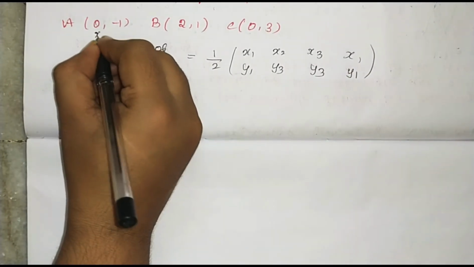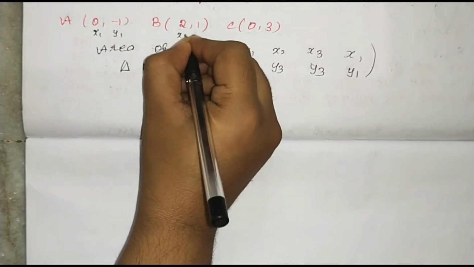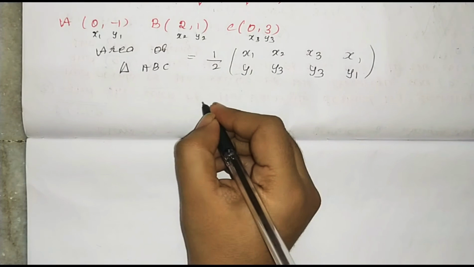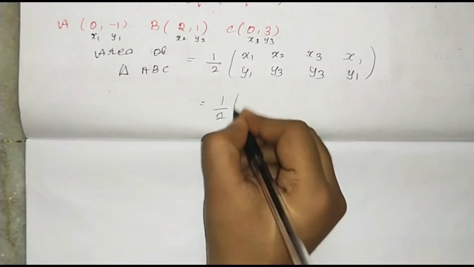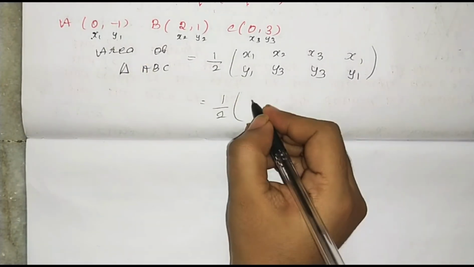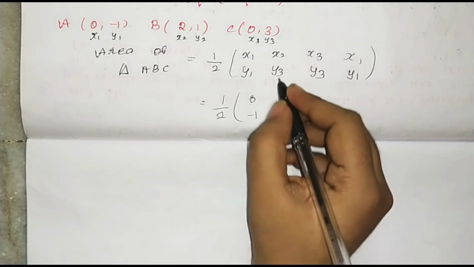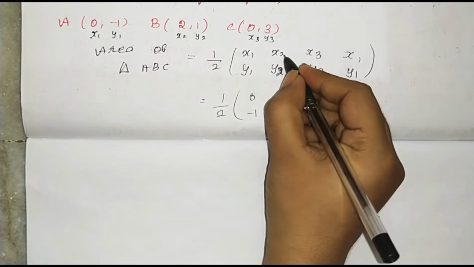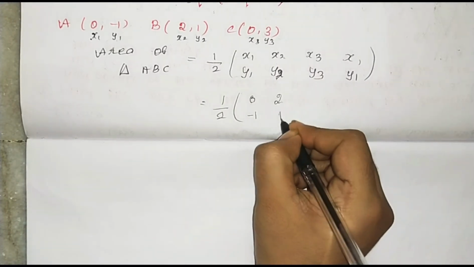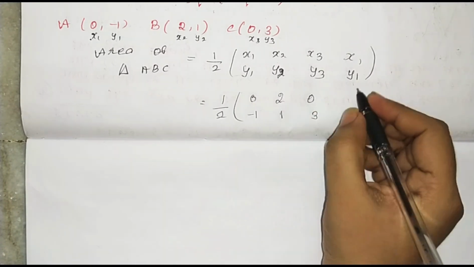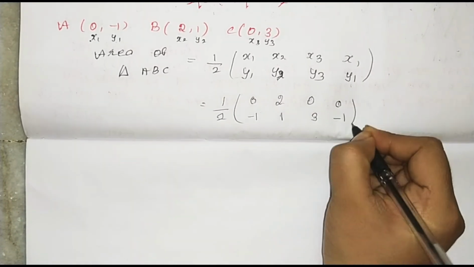Now this point I consider x1 comma y1, x2 comma y2, and this coordinate point x3 comma y3. Now we can substitute here 1 divided by 2: x1, y1 0, minus 1; x2, y2 2, 1; x3, y3 0, 3; again x1, y1 0, minus 1.